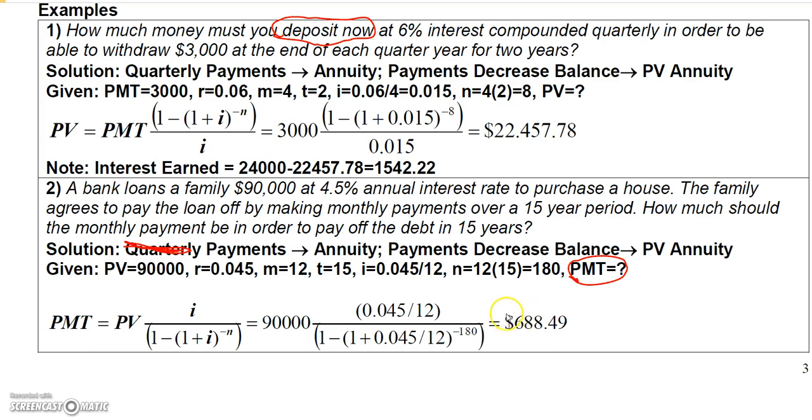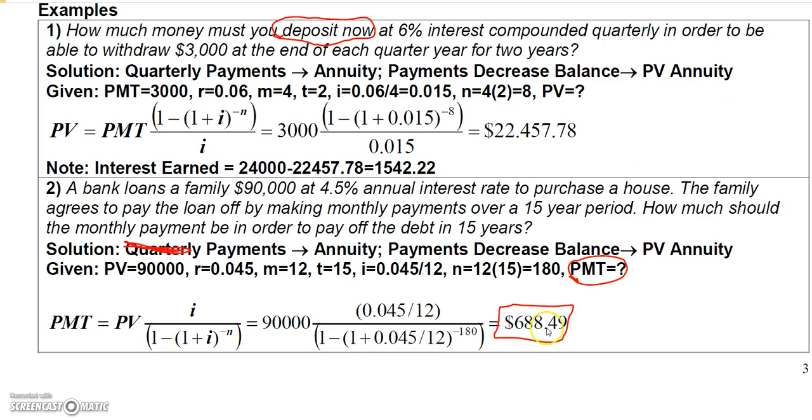Now, make sure you understand that that payment is only for principal and interest. Actually, what happens is when you buy a home, many times they will also roll into your monthly payment your monthly insurance payment and your monthly tax payment to be paid on your house. So this payment might be a couple $100 more, depending on how much you owe each month for taxes and insurance.